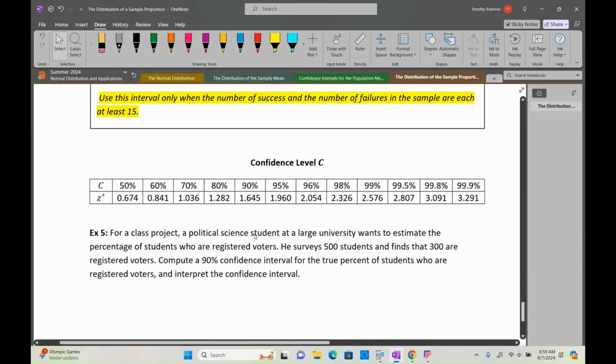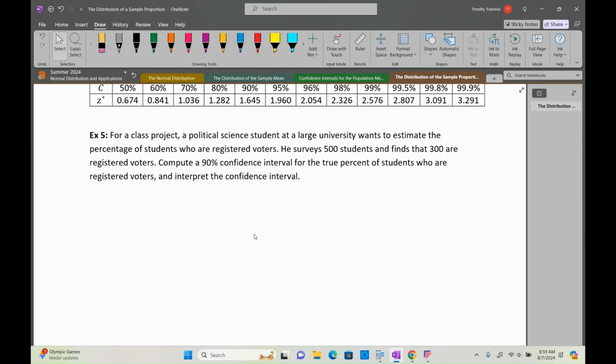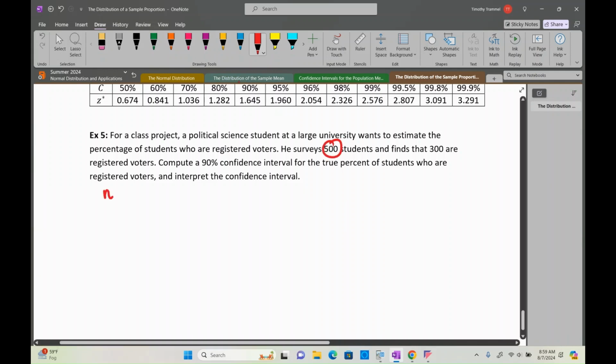So let's go ahead and do an example. It says, for a class project, a political science student at a large university wants to estimate the percentage of students who are registered voters. He surveys 500 students and finds that 300 are registered voters. Compute a 90% confidence interval for the true percent of students who are registered voters and interpret the confidence interval. So we have that our sample size is 500.